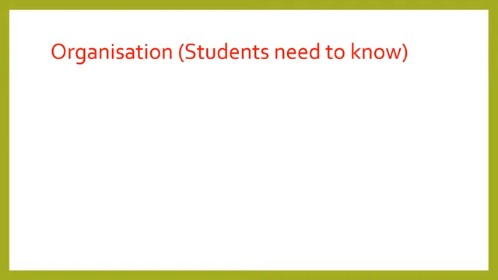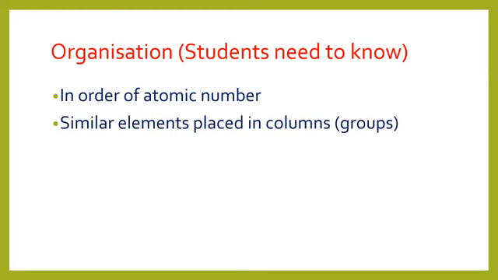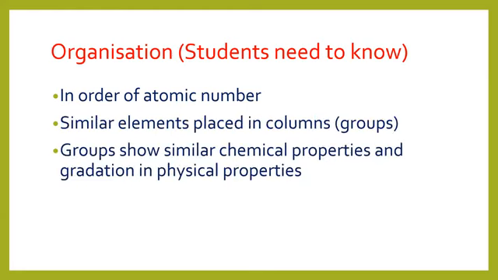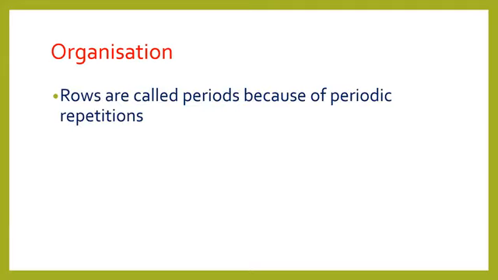So firstly, they need to know the organization of it, which you know, and they just need to have this shown to them, in a very, very straightforward sense. They've got to know what the groups are, they've got to know what the periods are, they should know why it's called periods. They should know that because periodically we come back to the same place, like on the spiral periodic table, that there are around about 120 elements.